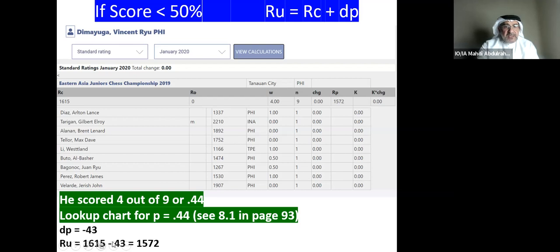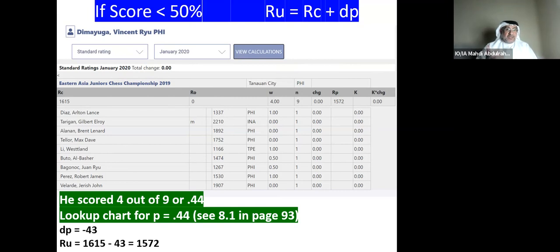So we go back here, the DP equal minus 43, then RU equal rating average minus 43, then the initial rating for the player will be 1572. Is it clear? I think 50% is very clear, no problem. More than 50%, rating average plus 20 per half point. Now, less than 50%, we have a formula.